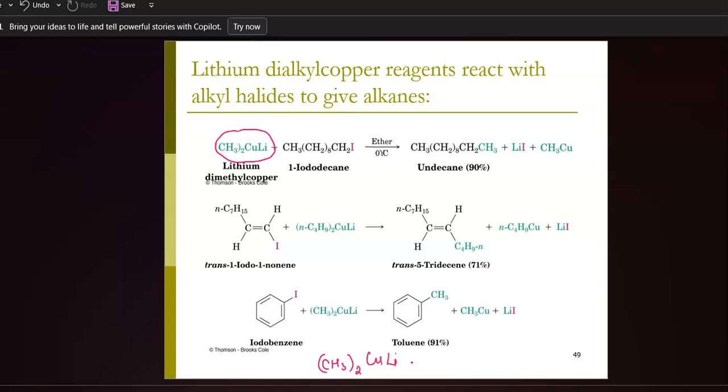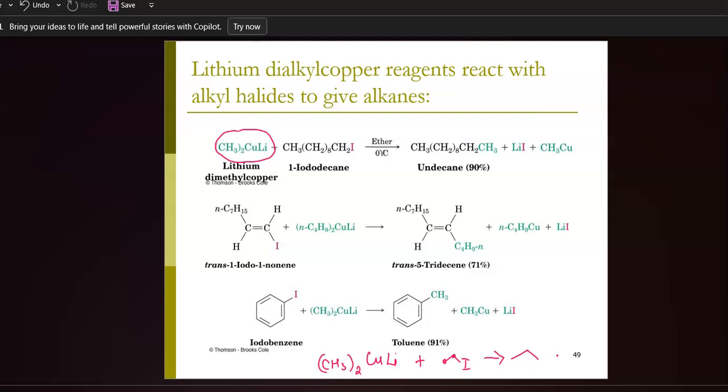This is a very simple Gilman's reagent, and if you treat it with another alkyl halide, say for example CH3CH2I, then you can extend the chain where you replace the iodine with one of the CH3 groups. So here is 2 carbon atoms, and you can make this into 3 carbon atoms from one of the CH3 groups here.